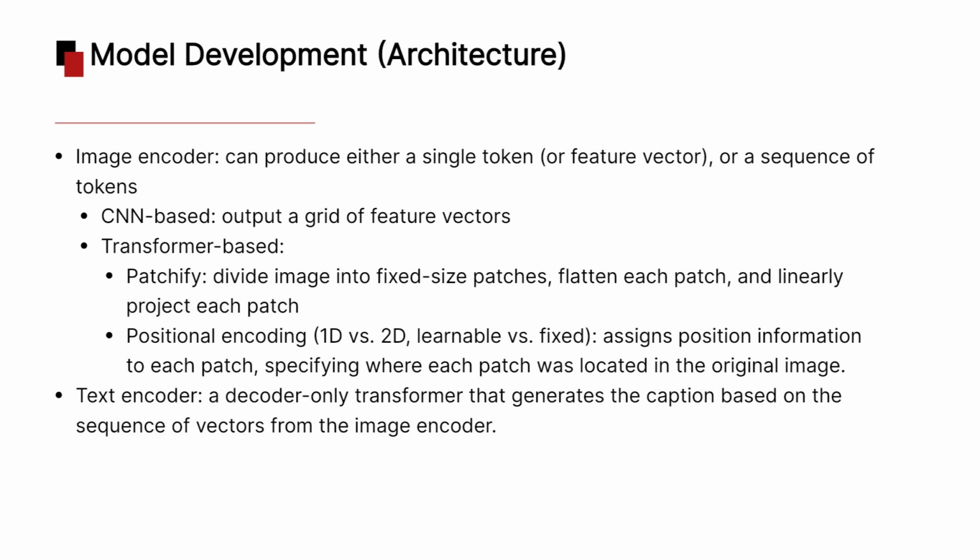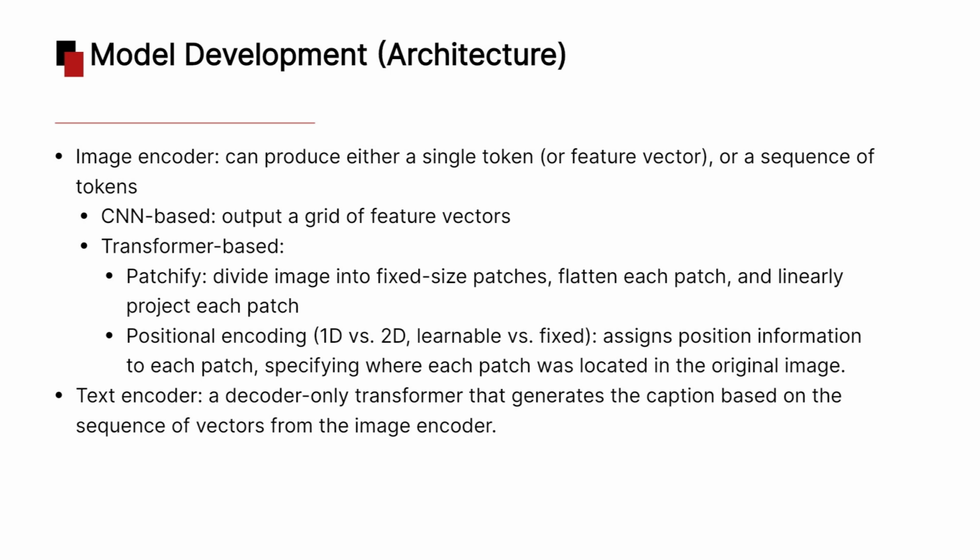They first patchify the image, meaning the image is divided into fixed-size patches. Each patch is flattened and then projected into an embedding space. This converts the image into a sequence of patch embeddings, similar to tokens in natural language. To help the transformer understand the order and position of these patches, positional encodings are added. These can be 1D or 2D and either fixed, like sinusoidal, or learnable embeddings that provide spatial context to each patch embedding.